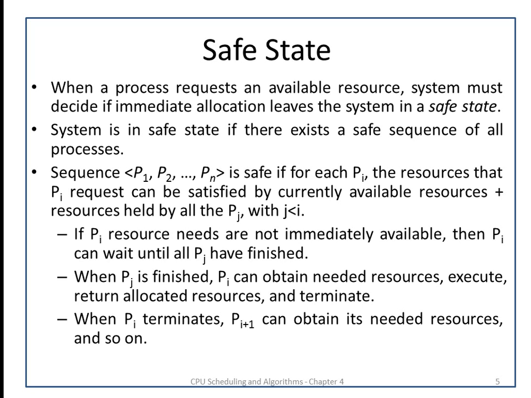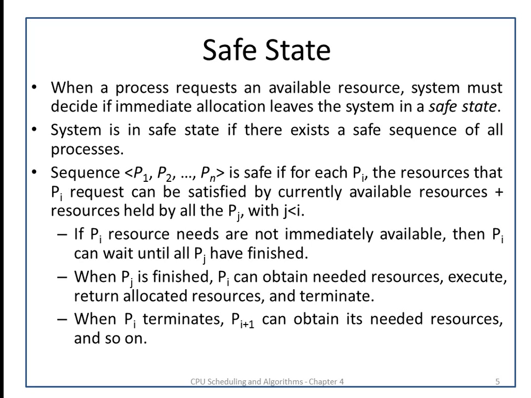If the Pi resource needs are not immediately available, then Pi can wait until all Pj have finished, so that after execution of all those Pj, they will release the resources which can be acquired by Pi.